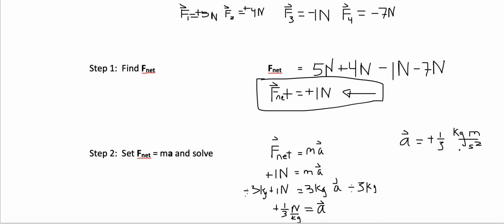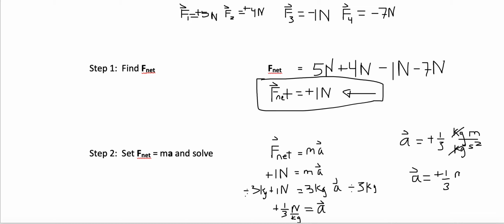And then also in the denominator is this kilogram. So we have to put our kilogram over here as well in the denominator. And then we have to cancel like units, and we are left with what we expect, meters per second squared. So the acceleration of the little rope is going to be to the left with a value of 1/3 meters per second squared. And that is our answer.